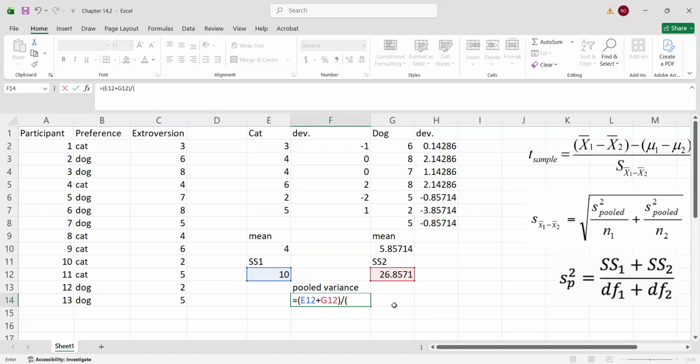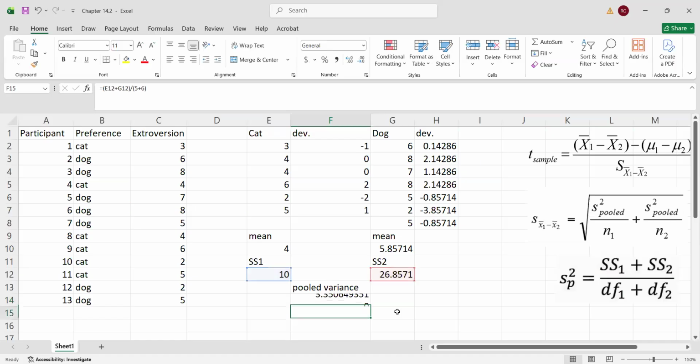So again, let's use some parentheses to help us out. Otherwise, you might get the wrong answer. So degrees of freedom for group 1, we said 6 minus 1 is 5, plus degrees of freedom for group 2, 7 people minus 1 is going to be 6, right? So let's see what we get here. We've got a pooled variance of 3.35.